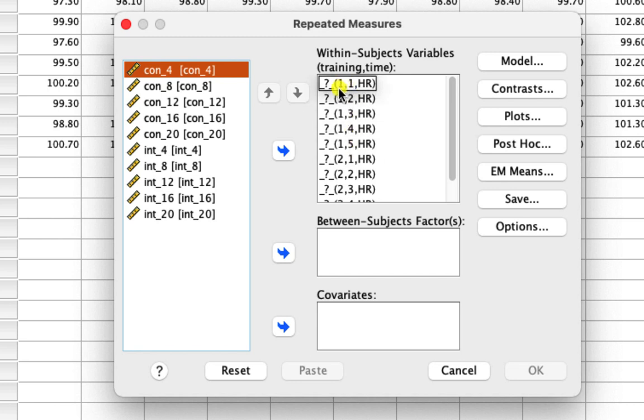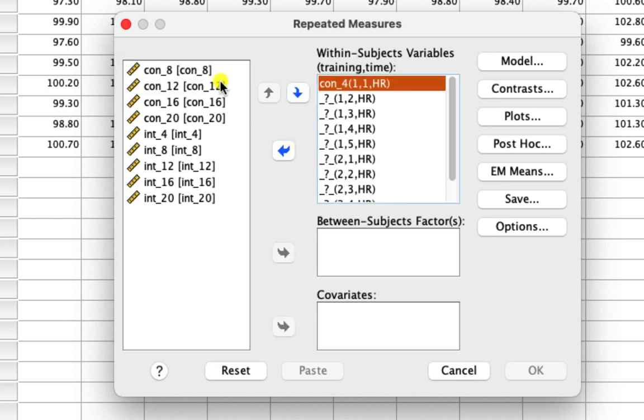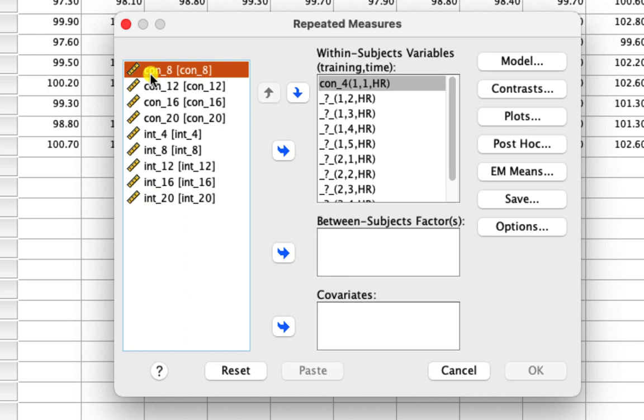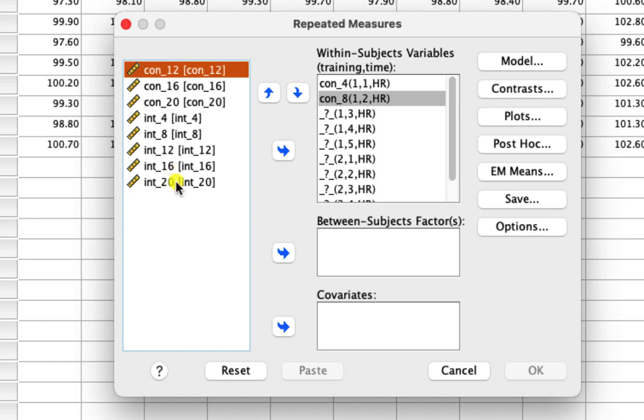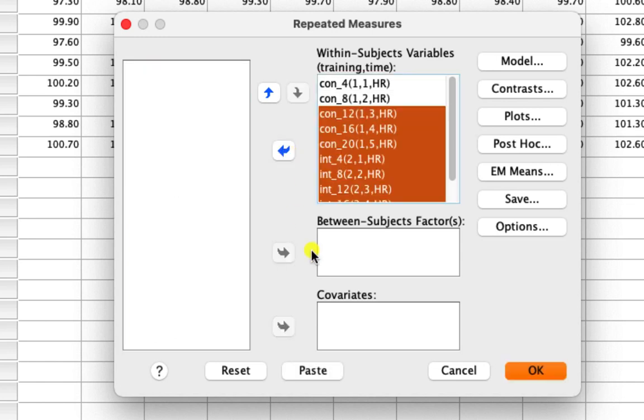So if I have a label 1, 1, that should indicate that I have my continuous training at my 4-minute time period. 1, 2 would be continuous training at my 8-minute time period. Okay, and then so on and so forth. It basically goes down the list.